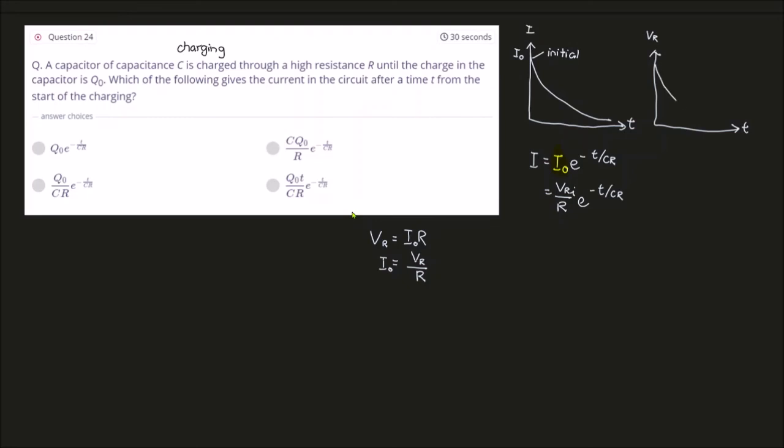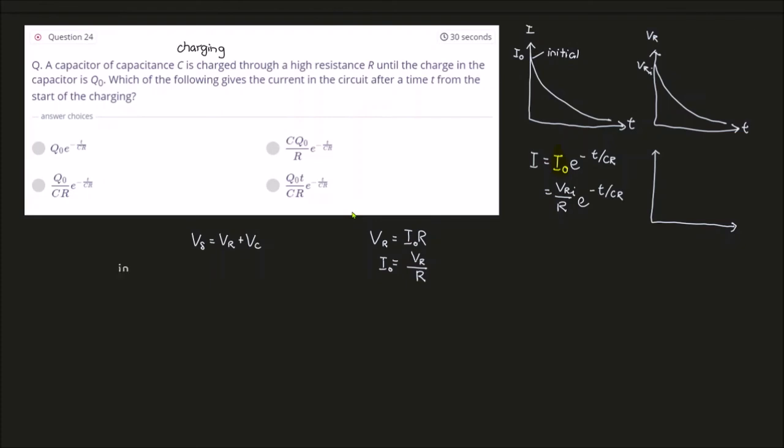So VR initial. We also know that for a charging circuit, Vs is equal to VR plus Vc.